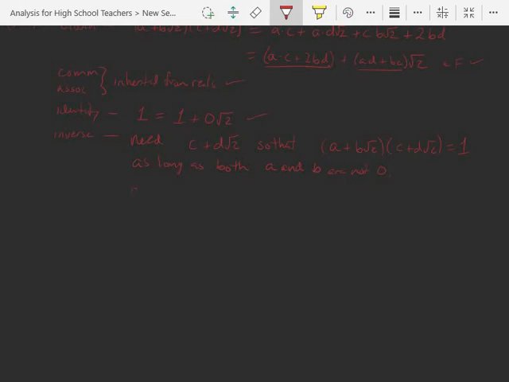So I need a times c plus 2b times d equal to 1, and at the same time I need a times d plus b times c equal to 0.